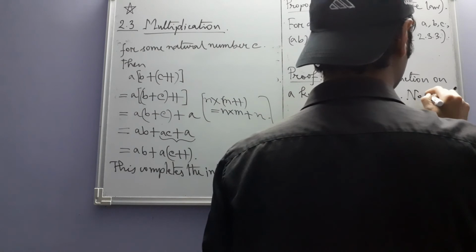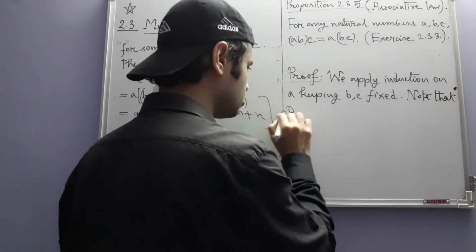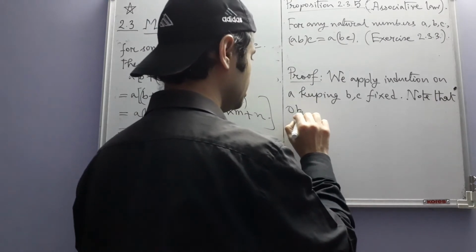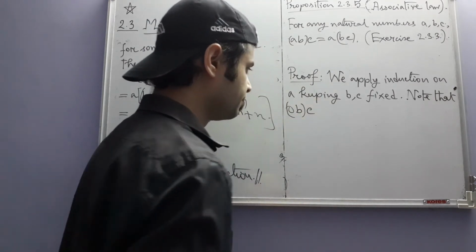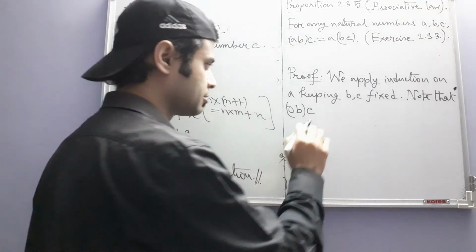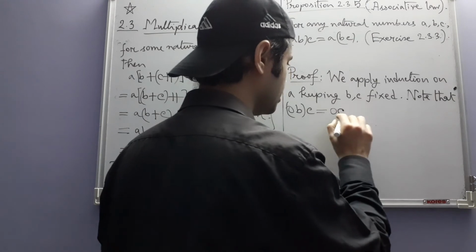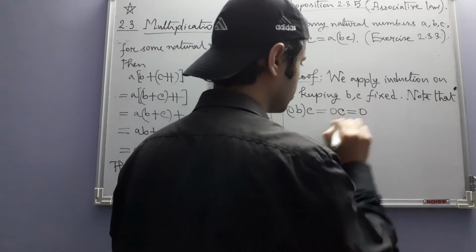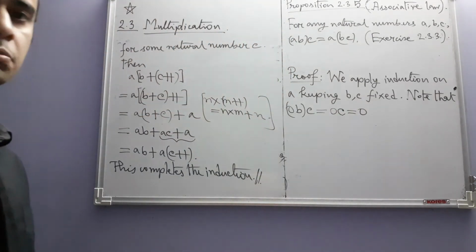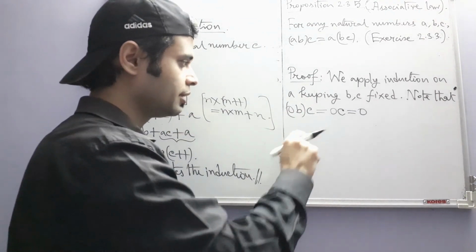Note that 0 times B times C. So I want the basis first. So this is equal to 0 times C, which is equal to 0. This is not proved here, it comes directly from the definition.